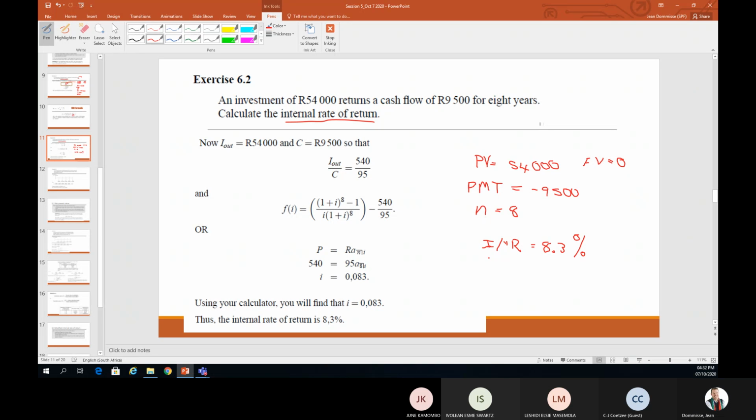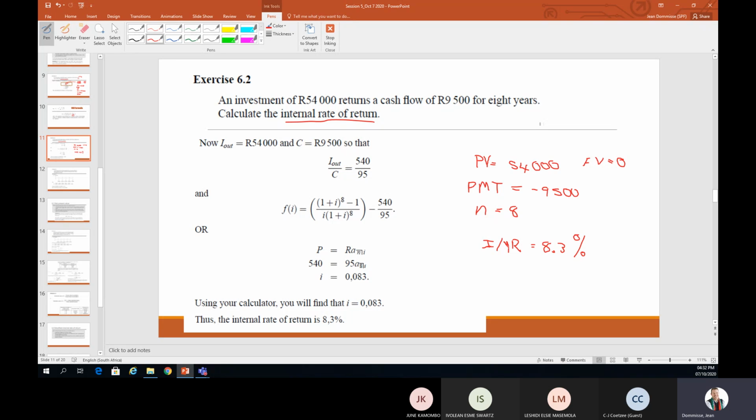Later on, when we get to the other two, I'll maybe even show you another way that we use the calculator, and that is where you put in the installments. But for this one, I thought it's nice that you have the other method, so that you can check it even in the exam if one is pressed for time.